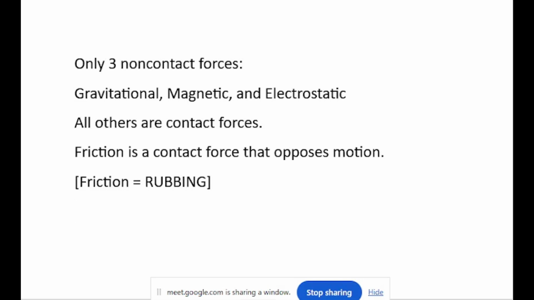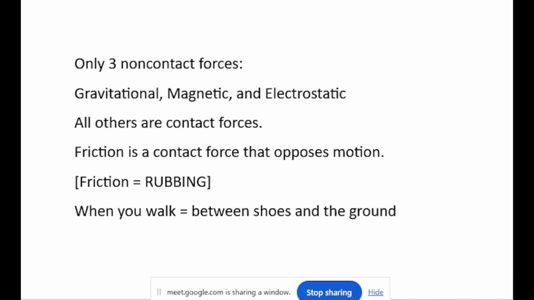For instance, when you are walking, where is the rubbing? Between your shoes and the ground, that is the bottom of the shoes. Right?